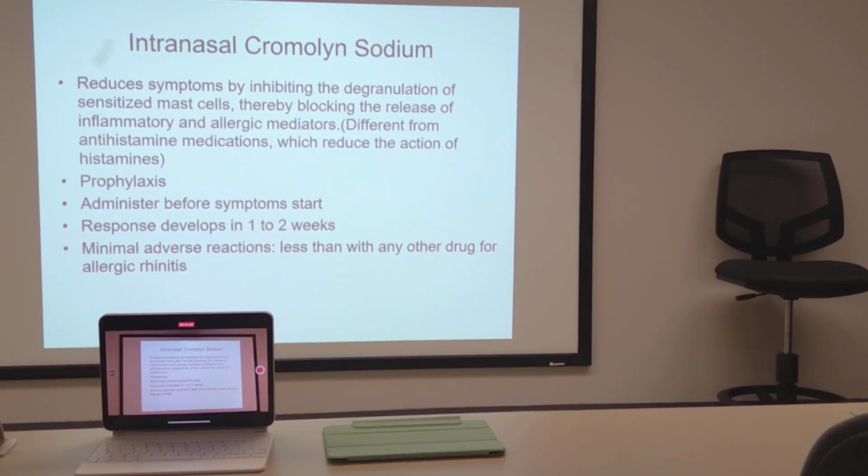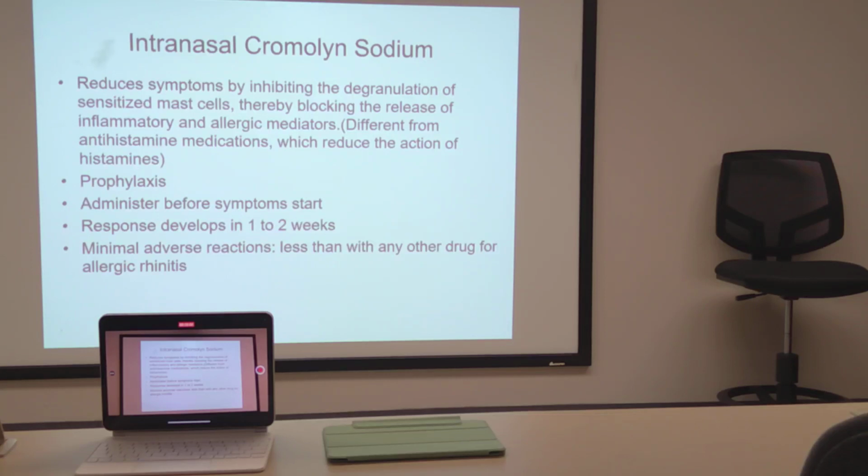The antihistamine medications reduce the action of histamine itself, but this one actually inhibits the release of histamine from mast cells. So it inhibits mast cells, but the antihistamine reduces the action of histamine itself. This is a major difference between cromolyn sodium and the antihistamine medications.